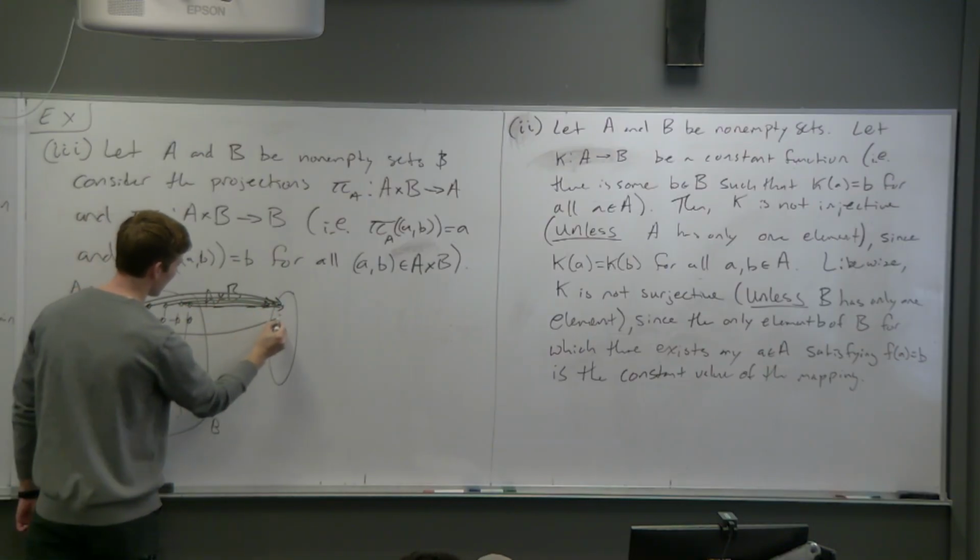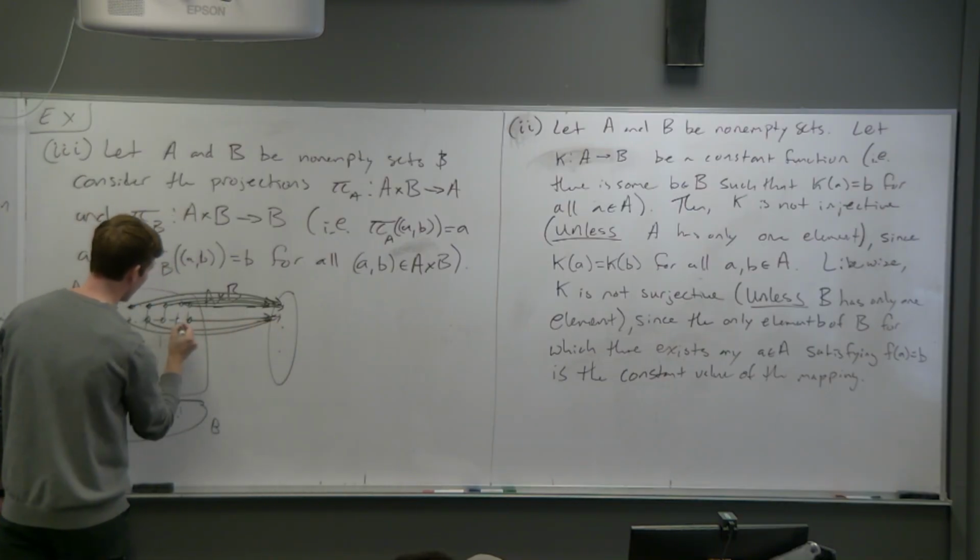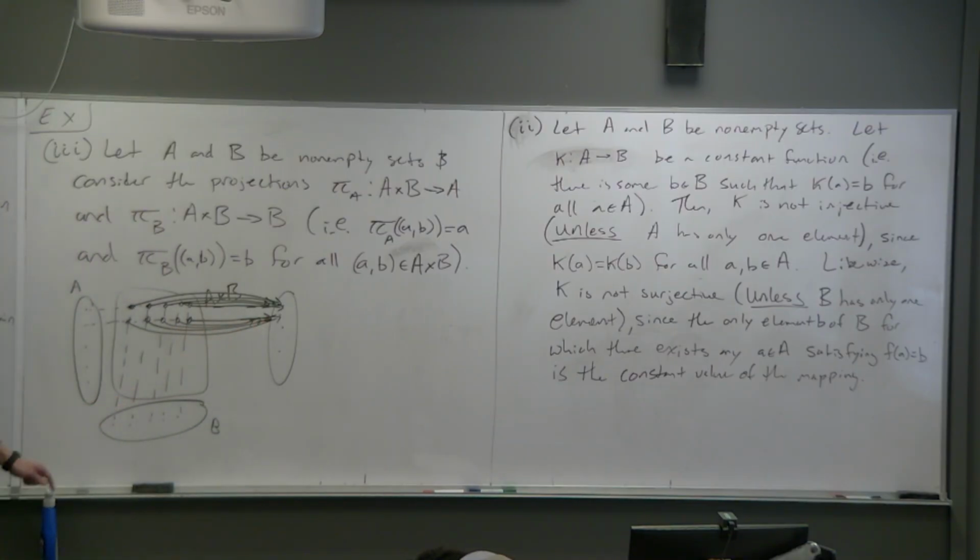Every single one of these guys gets mapped to the same exact thing. Well, we should be a little bit careful. Notice there are exactly as many copies as there are elements of B. What if B has only one element? Then I've basically just rewritten A, right?